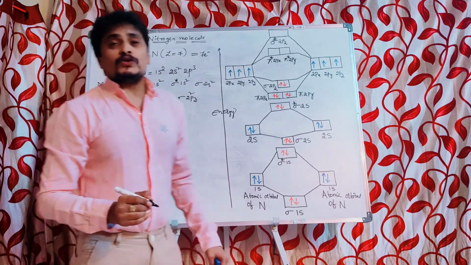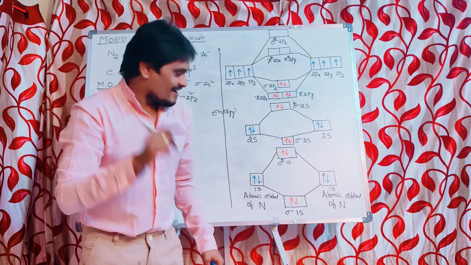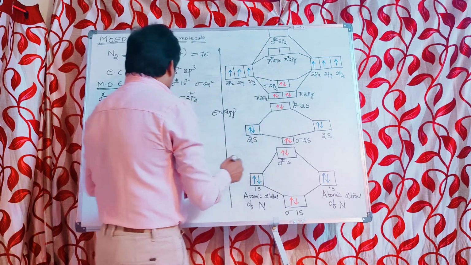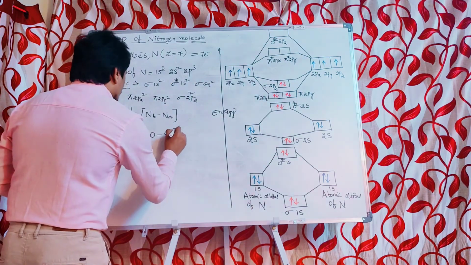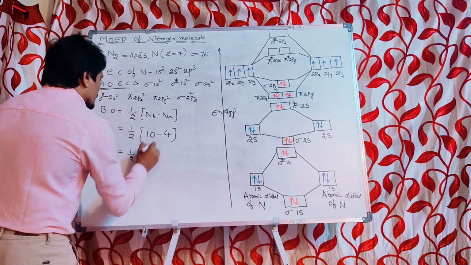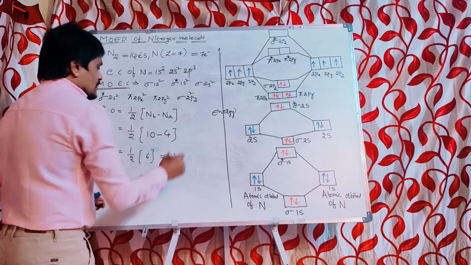And how many electrons are involved in anti-bonding molecular orbitals, denoted by star? 2 plus 2, that is 4. So bond order equals 1/2 times (10 minus 4), which is 1/2 times 6, which is 3. So what does it mean?